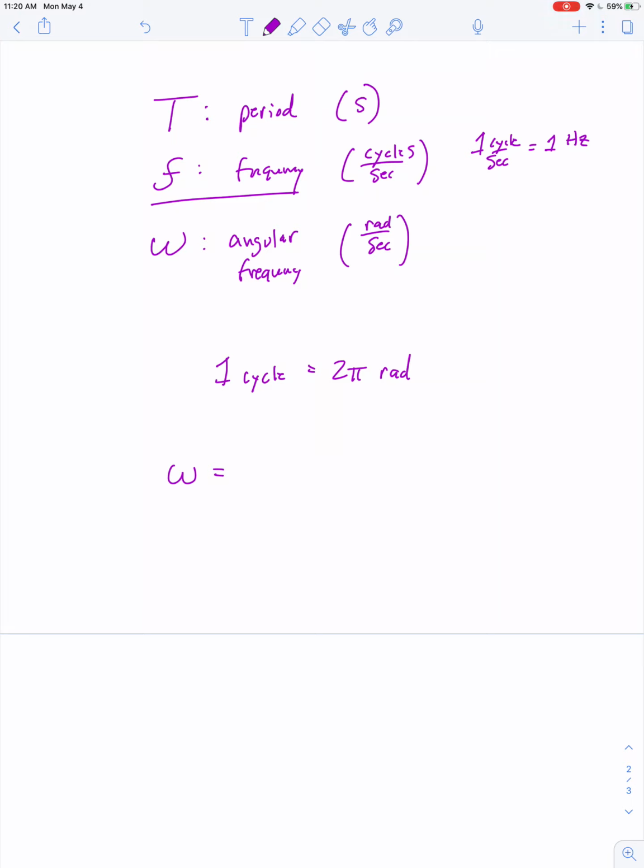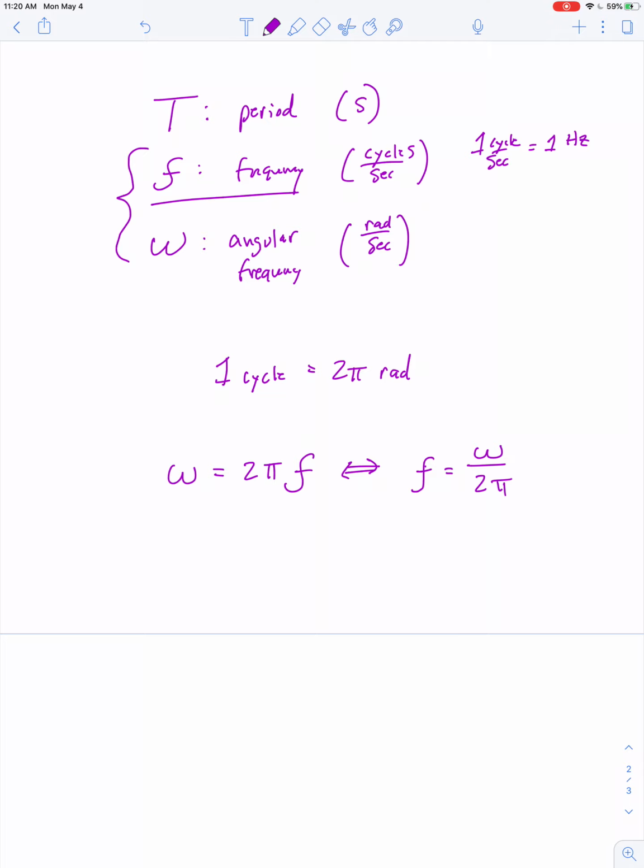And that's really simple. Angular frequency is just 2 pi multiplied by typical frequency. Okay, so we can at least relate these. If you know one, you know the other. The other way to write this would be frequency in hertz is equal to angular frequency in radians per second divided by 2 pi. I'm just rewriting the equation inverted.